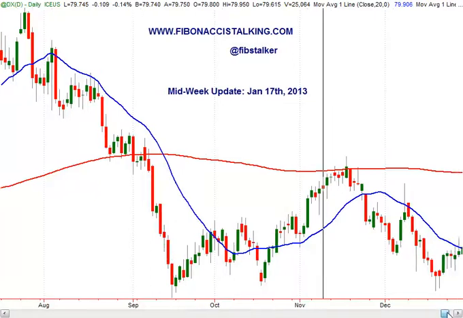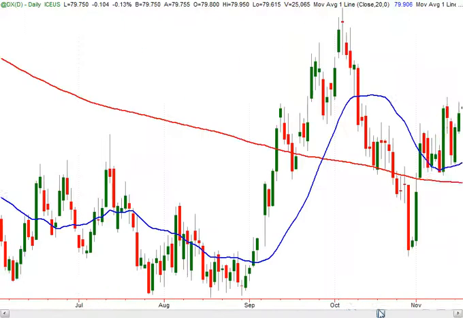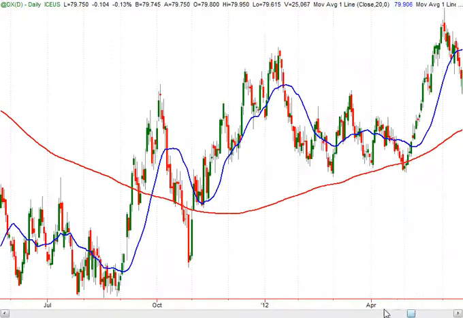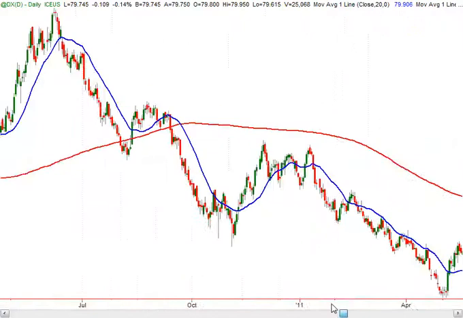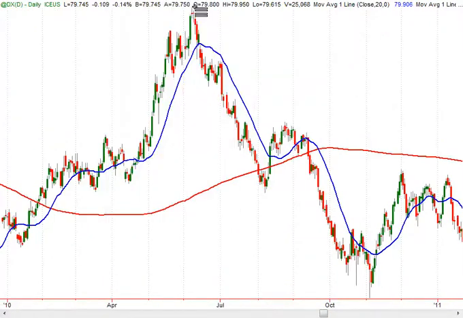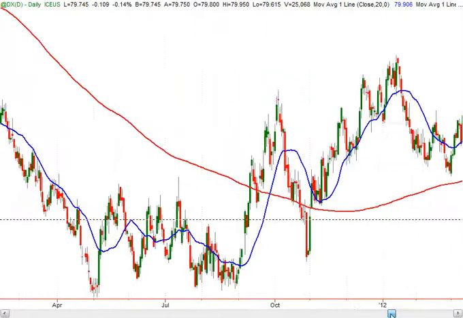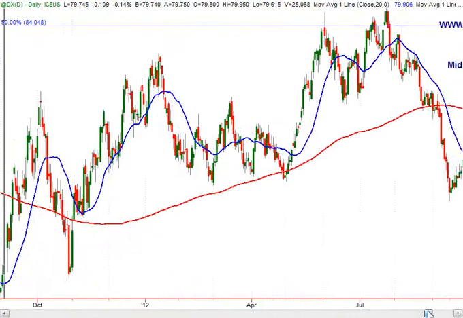Okay, so let's start from the dollar index. What you see on the screen is the daily chart of the US dollar index continuous contract aligned to the March 2013 expiration. On a longer term time frame, we know we have two resistances. We identified these resistances in the last few months, and the first resistance comes at the 84 level.